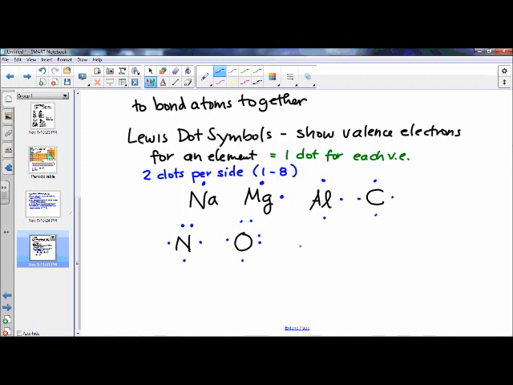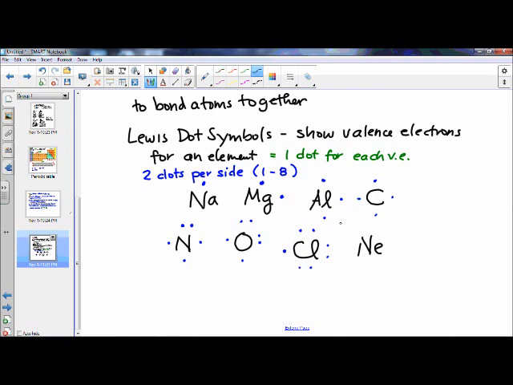The next family is the halogen family. I'm going to pick chlorine to represent that family. They have 7 valence electrons. 1, 2, 3, 4, 5, 6, 7. And our very last family are the noble gases.